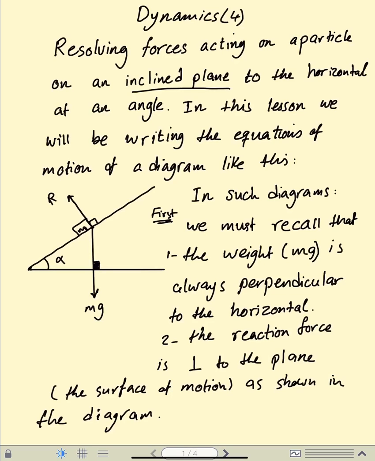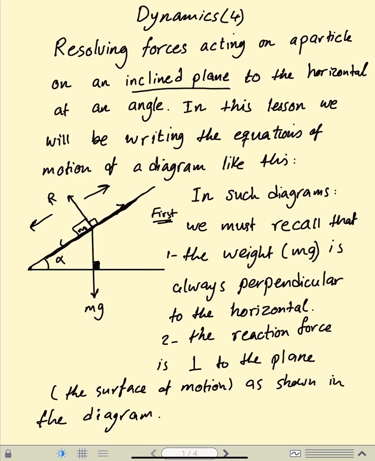At the same time, the reaction force is always perpendicular, or makes 90 degrees, to the surface of motion. In such diagrams, this is the surface of motion here. The particle will move up or down the plane, as we'll be seeing now.